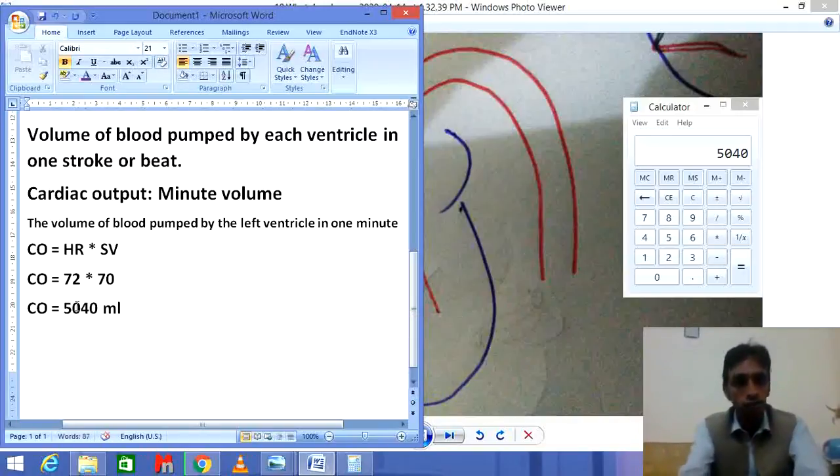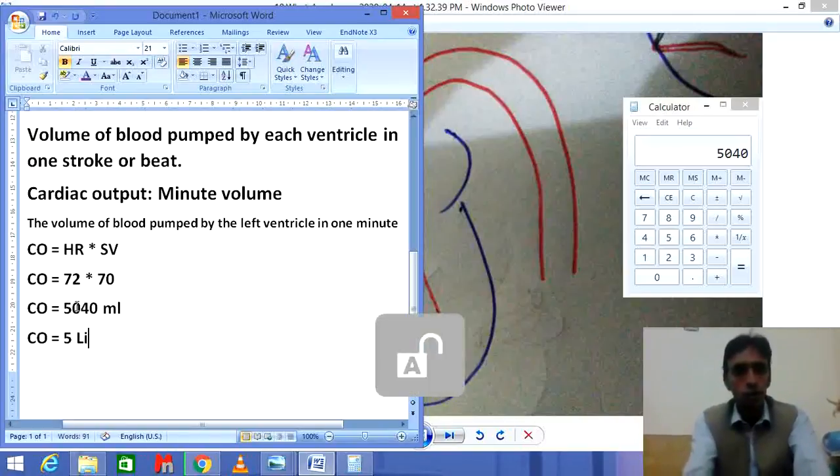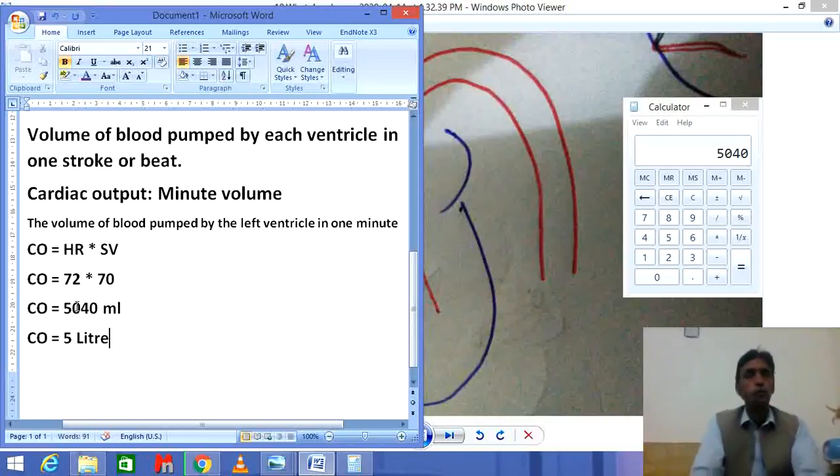It means the cardiac output is nearly equal to 5 liters. 5040 ml is nearly 5 liters. So the cardiac output is 5 liters. Our minute volume is 5 liters.